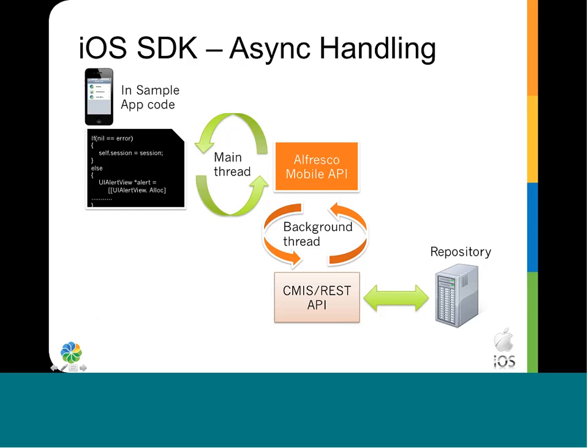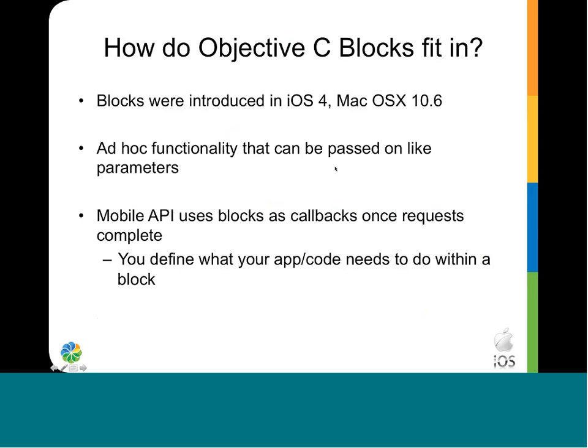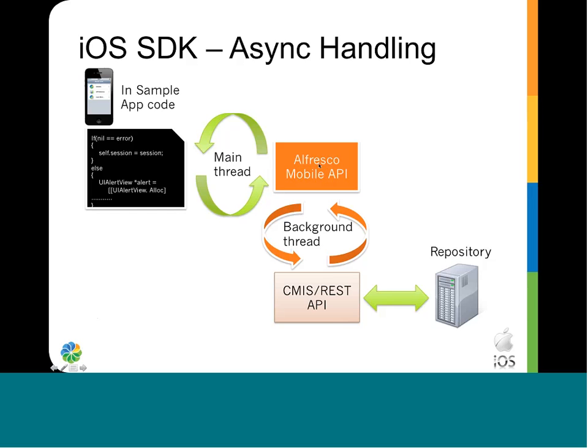All that activity is routed through to the Alfresco API on the main application thread, as per usual, but under the hood the Alfresco SDK creates a background thread to route that request through to the repository and get the response back. Then the response is filtered back to the main thread, and this is where the block structure comes in.